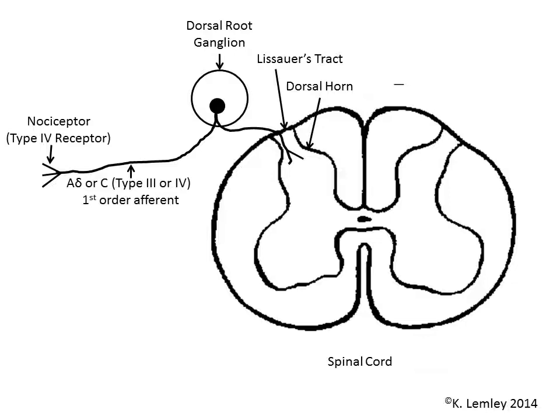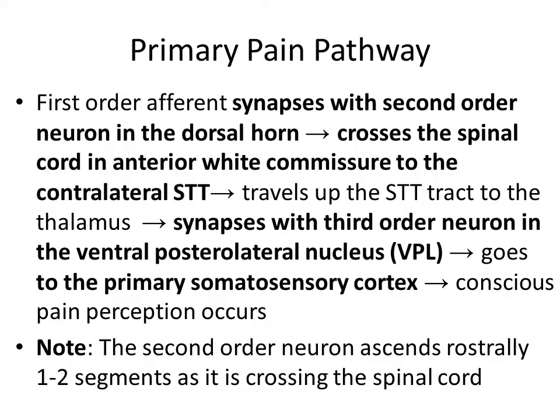Its central axon enters the spinal cord through Lissauer's tract and is going to terminate in the dorsal horn. Once in the dorsal horn, our first order afferent is going to synapse with a second order neuron.